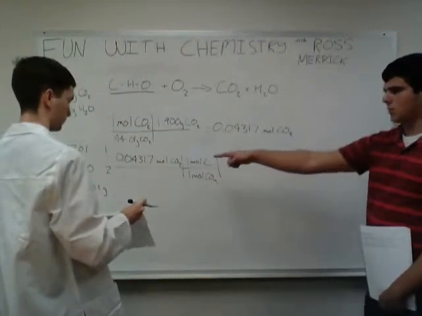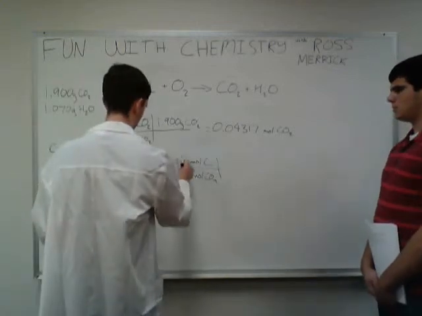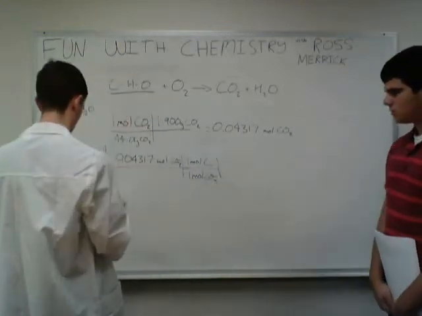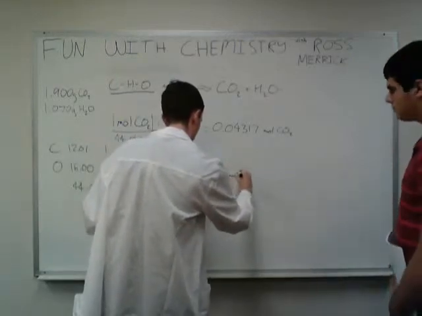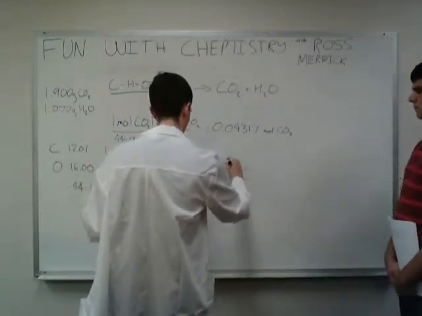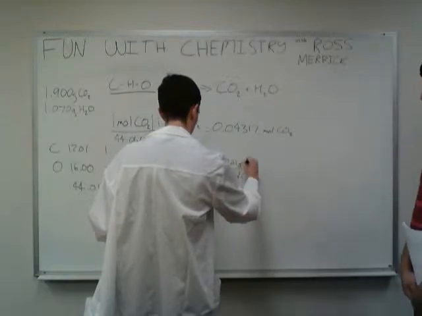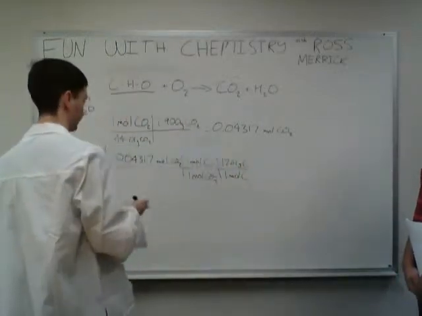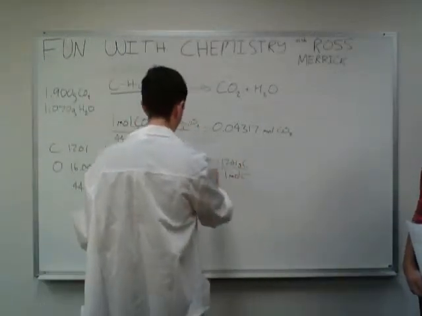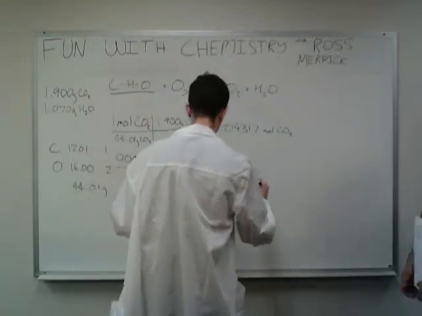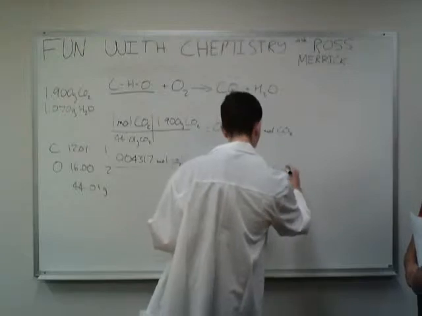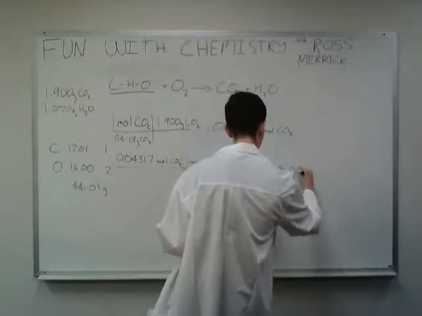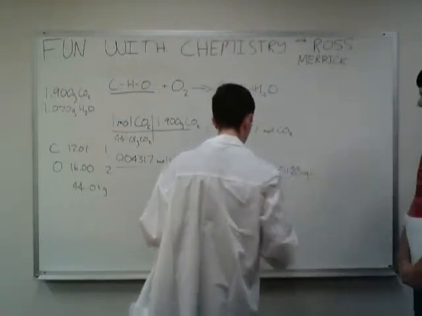So moles of carbon dioxide cancel out. Then 1 mole of carbon is equivalent to 12.01 grams of carbon, as found on the periodic table. Moles of carbon cancel out. We are left with grams of carbon, which comes out to be 0.5185 grams carbon.